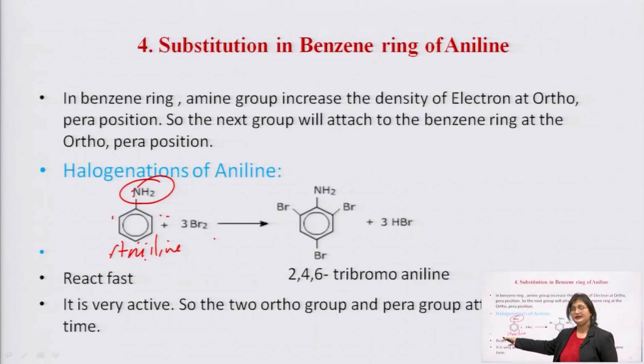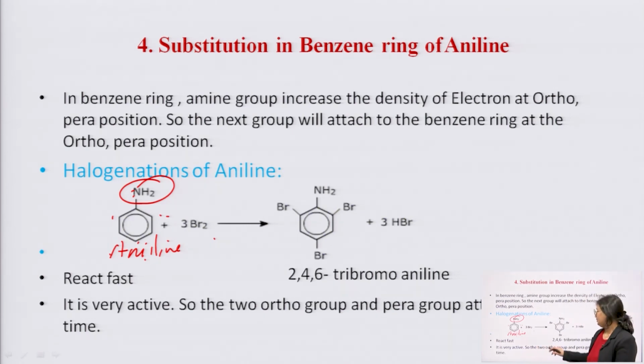So, when aniline reacts with bromine, the product formed is 2,4,6 tribromoaniline. That is, substitution happens at the ortho and para positions, forming a tri-substituted aniline.